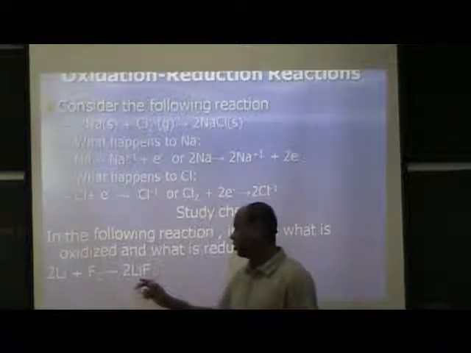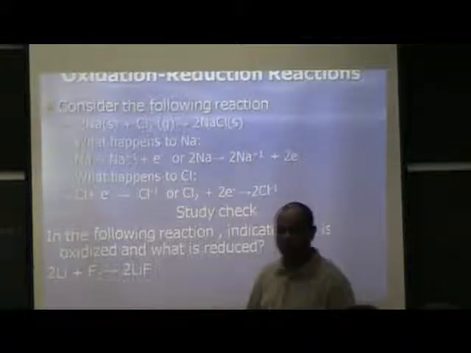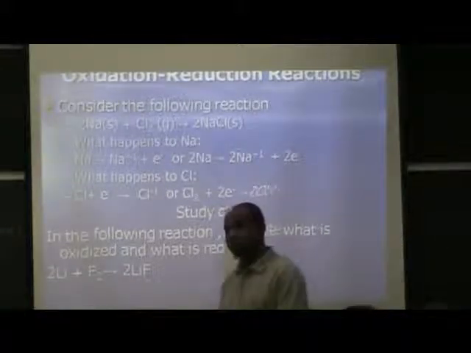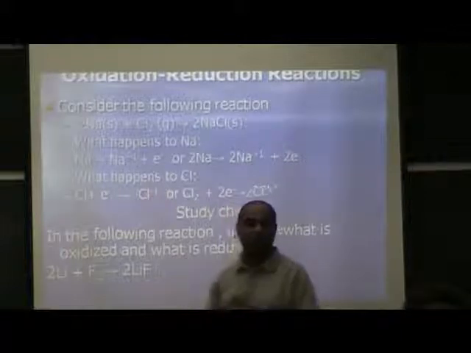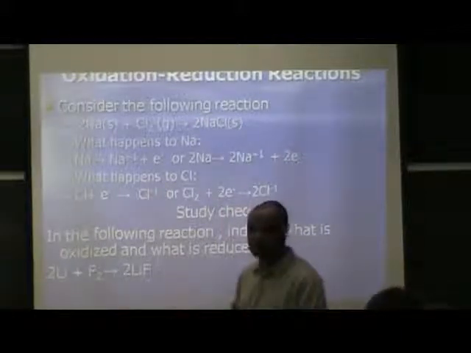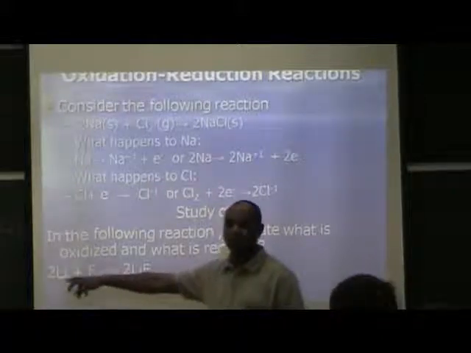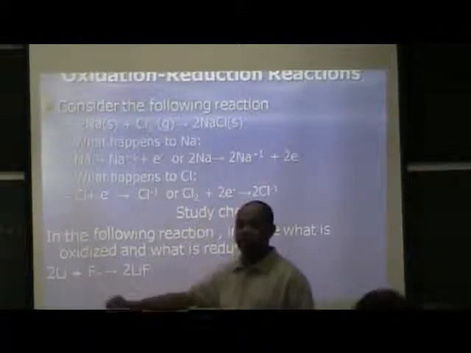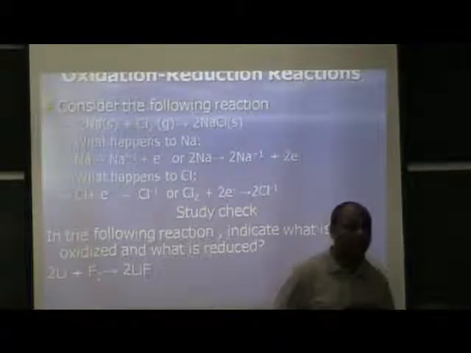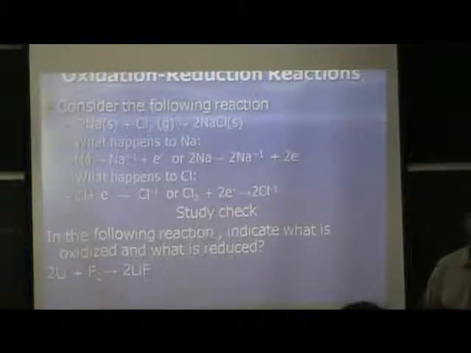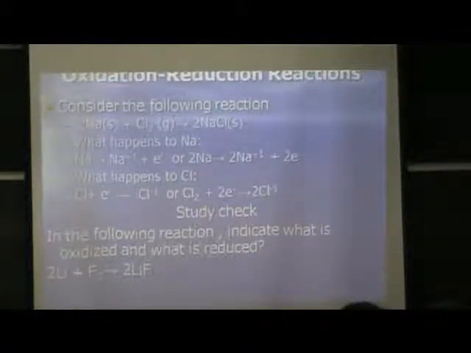And maybe we can go into a little bit more detail about how many electrons are lost by lithium. This number has something to do with the number of electrons lost by lithium. As you know, lithium is an alkali metal, group 1. Group 1 elements always lose 1 electron, right?